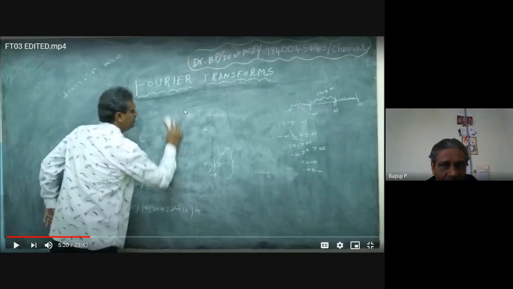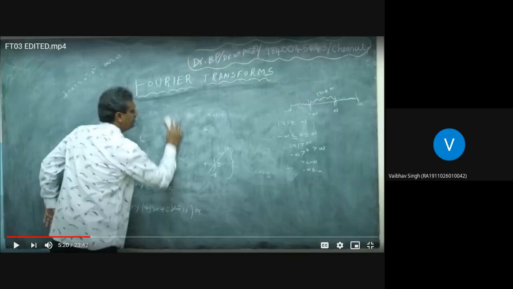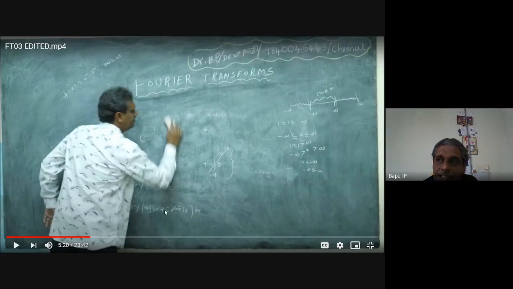If you keep e power isx and do it, otherwise with Bernoulli's formula, what will you do? You differentiate 1 minus x square, integrate e power isx, then substitute. Finally, you have to change e power isx back using the inverse formula. Here itself I am trying, it's not a big issue.